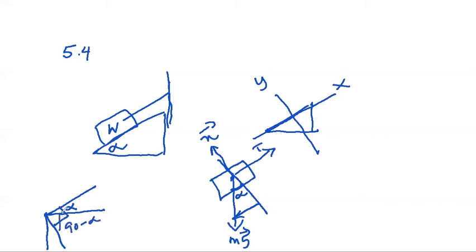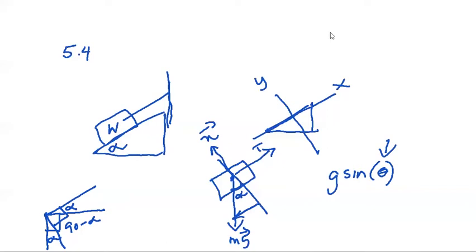Again, this is 90, so this angle has got to be alpha. So this angle is always the angle of incline, and the acceleration down a ramp is always g sine theta, which is the angle of incline, or in our case, alpha. I hope that's clear.